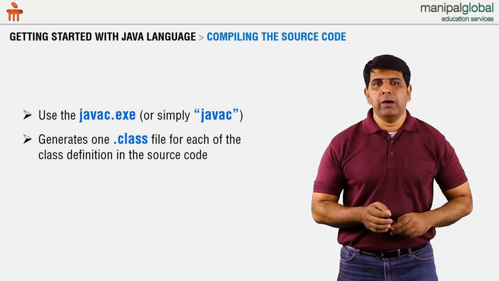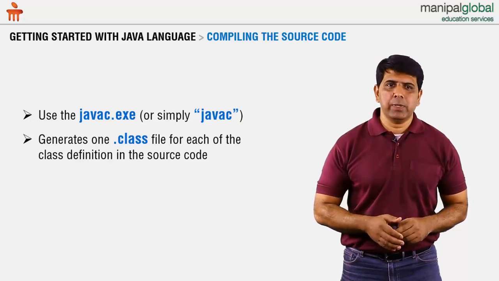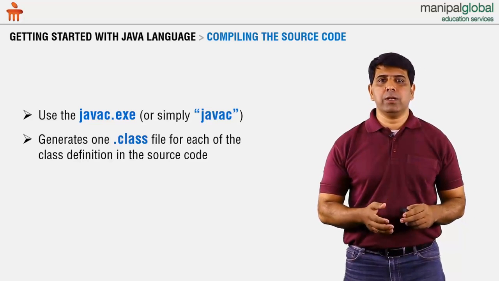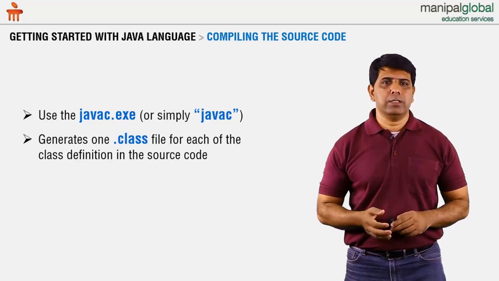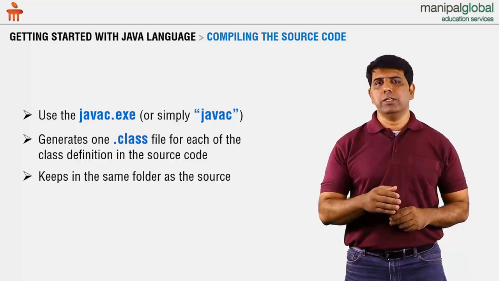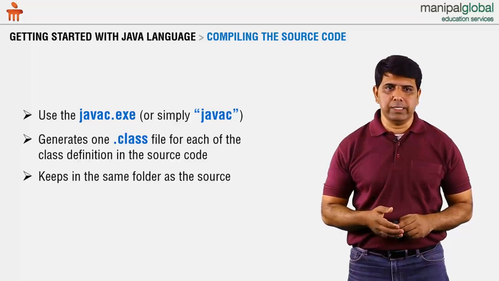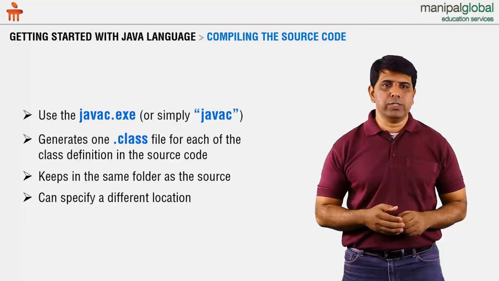In practice, you're going to have one single class definition in a source file. But it is possible that you may have multiple class definitions, in which case the compiler will generate multiple .class files. The compiler keeps the generated classes in the source folder itself. However, you do have options to specify different target locations.